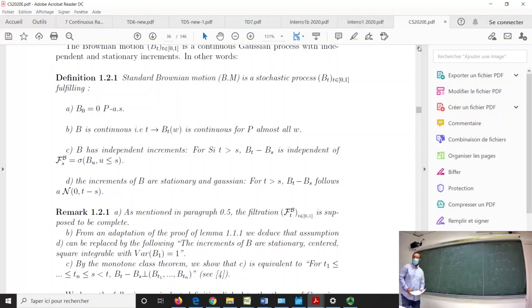Bt is a Brownian motion in the sense of Definition 1.2.1 if and only if Bt is a continuous and Gaussian process, and we have seen together how to characterize a Gaussian process.